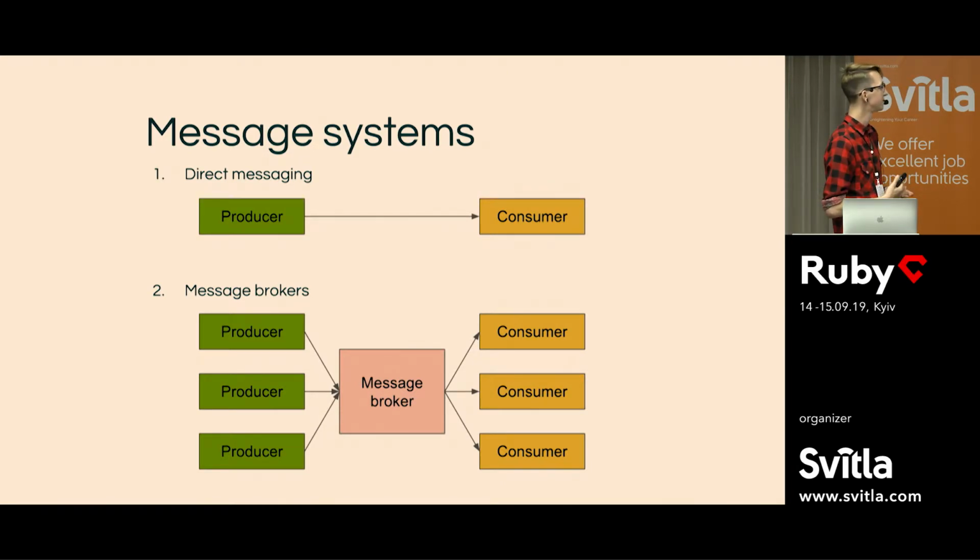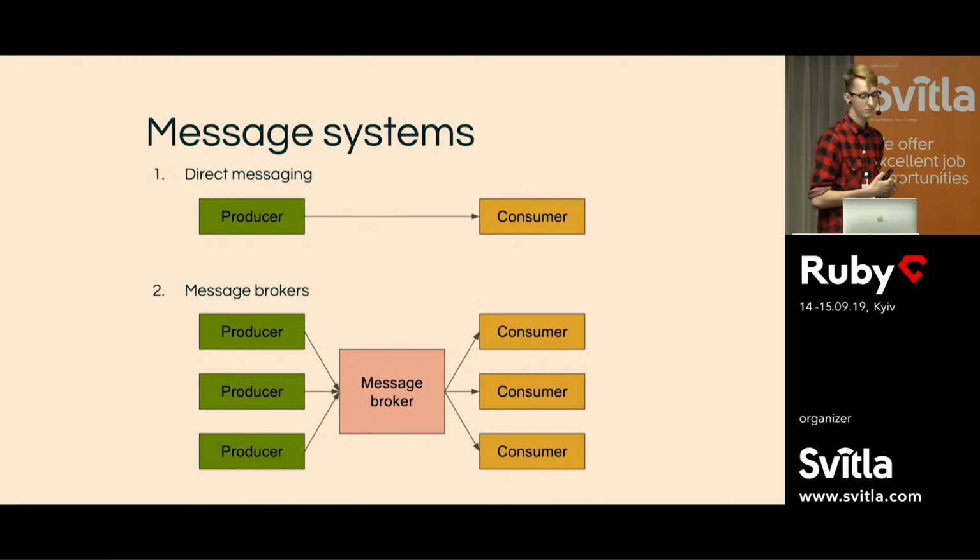So the second option, even more popular, are message brokers. Those are a kind of database that is optimized for handling message streams. It runs as a server with producers and consumers as its clients that are connected to it. Producers write messages to the broker, and then the broker sends them to consumers.